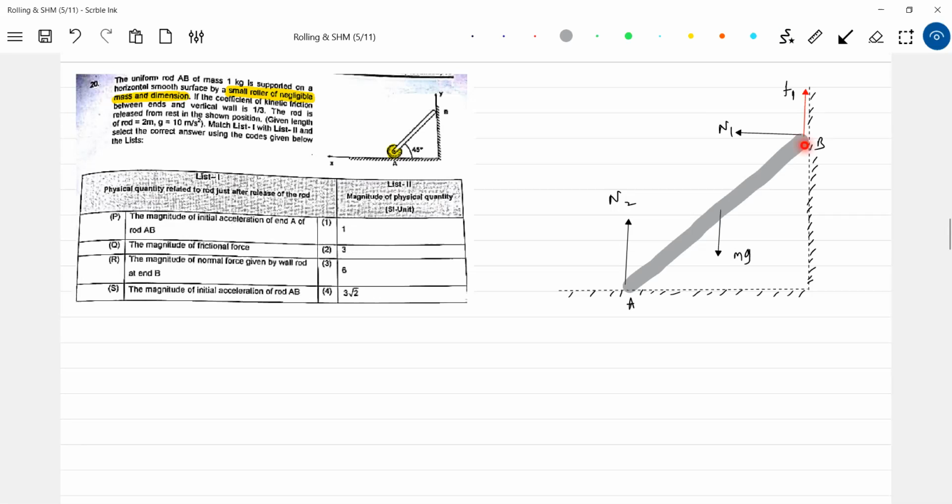What is the tendency of this rod? How will it move? It will have an acceleration, one along the x-axis, one along the y-axis, and it will rotate about its center C. Any objections?